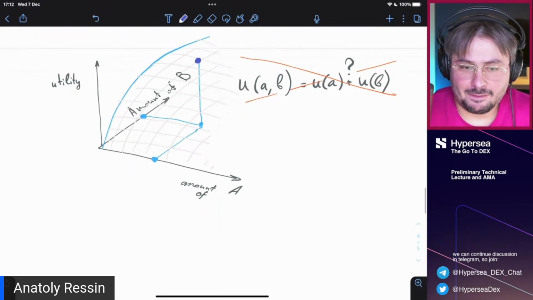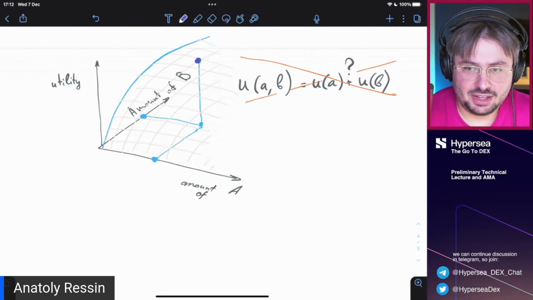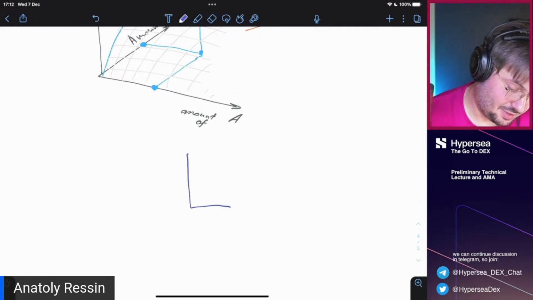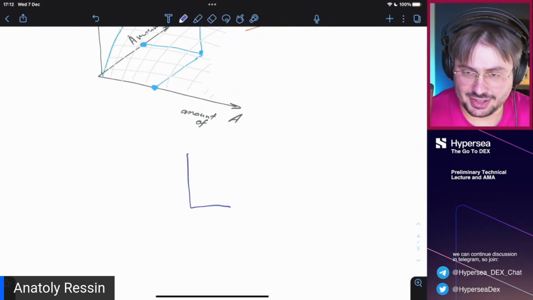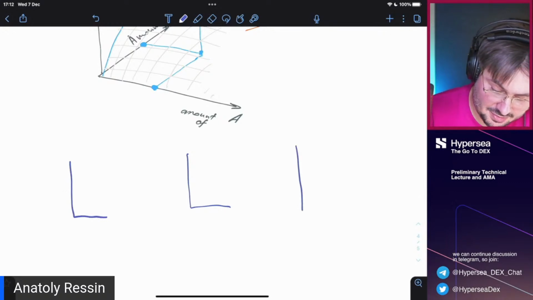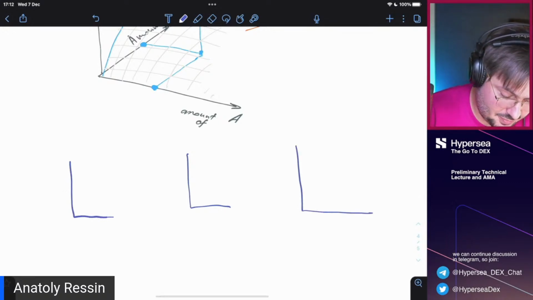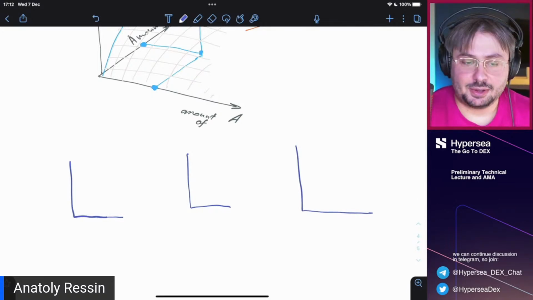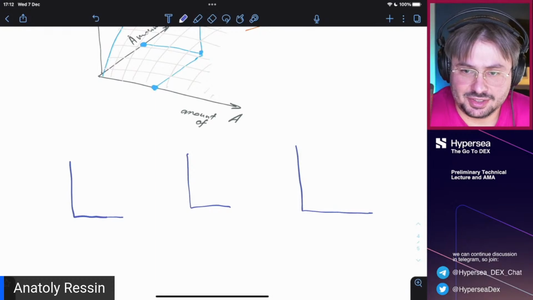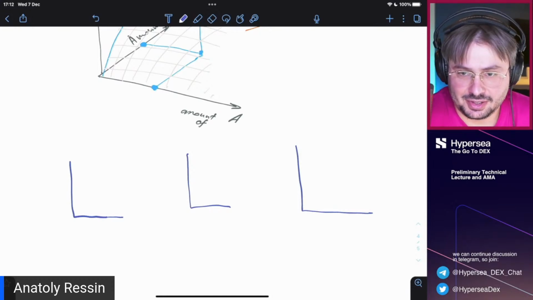I will immediately spot two. I will draw three things, but I will talk about two of them, and only then we'll talk about what is in the intermediate.